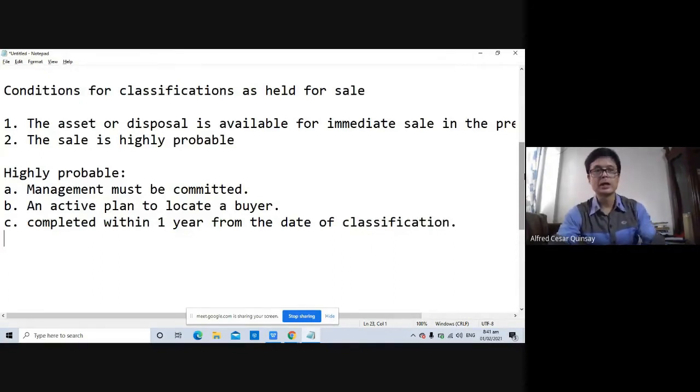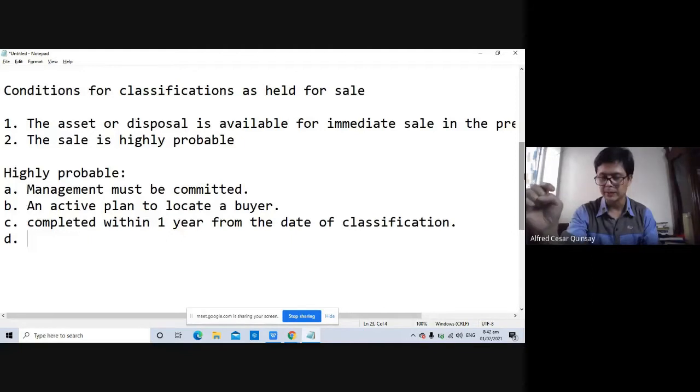Okay. Next is letter D, no? In order to be called a highly probable, the asset or disposal group must be actively marketed for sale at a sale price that is reasonable in relation to the fair value.